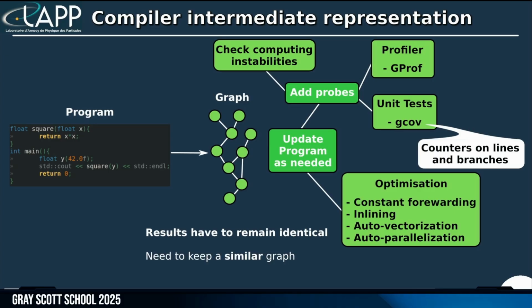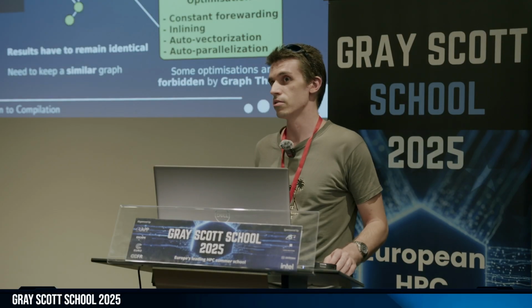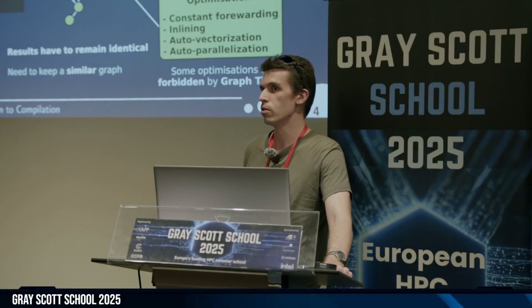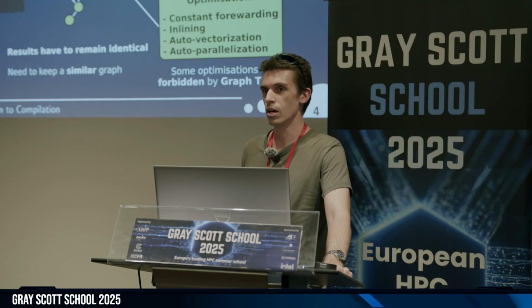And the output graph needs to be similar to the input graph. And the point is, sometimes the graph theory forbids some optimization. The compiler is dumb, it just cannot do it because the graph is not the same. You can, as a developer, say, okay, I want to do this optimization, but the compiler cannot help you because of the graph theory.